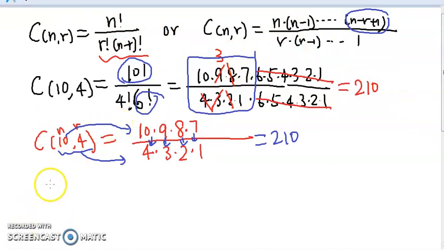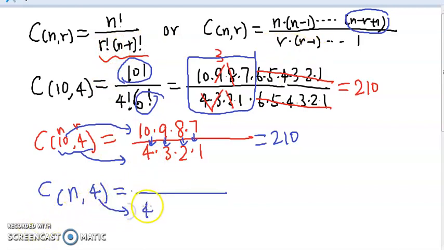Even if some of them are variables, say you have Cn choose 4, you can still apply the same formula, either the first or the second. If I use the second formula, for the bottom I start from the smaller number, 4, 3, 2, 1. For the top, I start from n and reduce it by 1 every single time, because the bottom has 4 numbers, so I should also have 4 numbers.